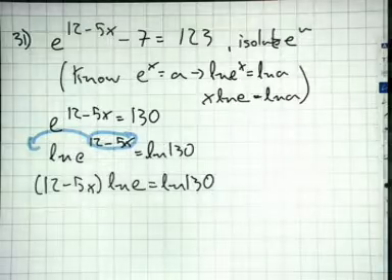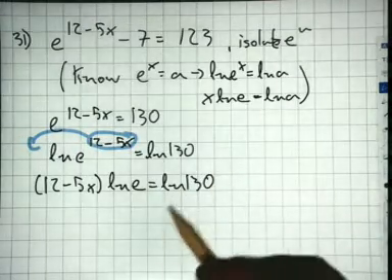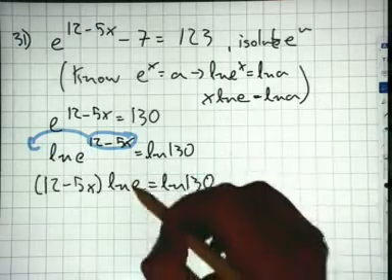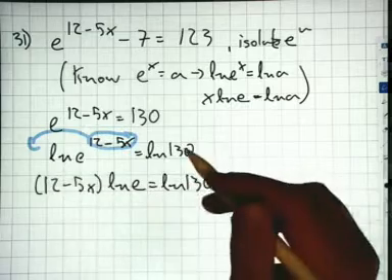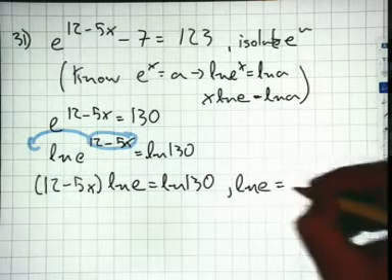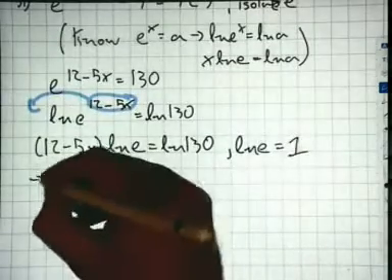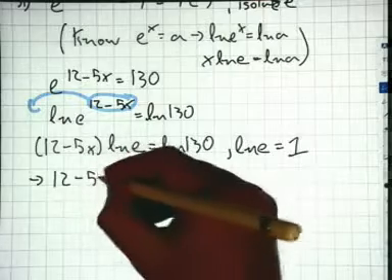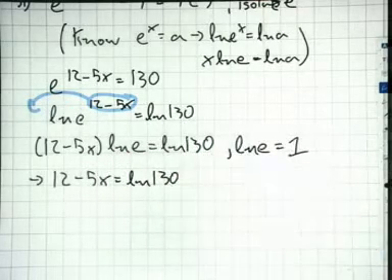If this was the natural log of 4, you would need to distribute that into the parentheses, but it's the natural log of e, and we have to know that the natural log of e is 1. So that just means that we have 12 minus 5x is equal to the natural log of 130.